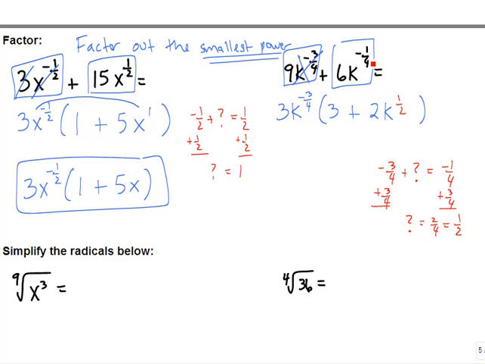So our final answer is going to be 3k to the negative 3/4, parentheses, 3 plus 2k to the 1/2. Okay, so whenever you're factoring, always pull out the smaller of the powers, and when you're double checking, make sure that whatever you pull out times whatever left over, when you add those exponents, it should get you back to the original power.